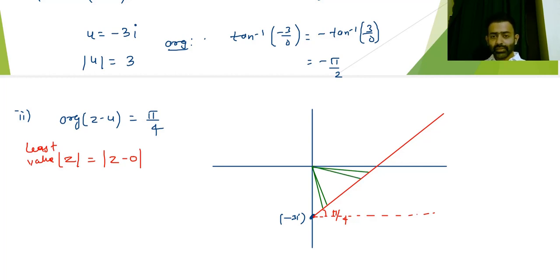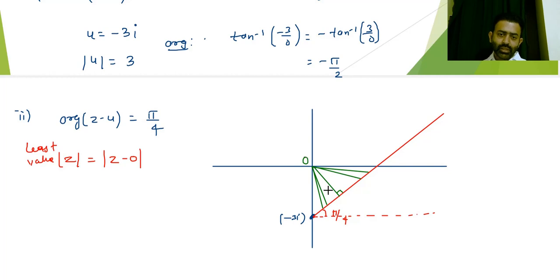Okay, so what I can say is that a moment will arrive when you will get a line which is perpendicular to the line which is following this path. Okay, so this is your perpendicular distance, and this will be the shortest distance of any complex number from the origin. Otherwise all these distances will not be the least distances. Okay, so basically we have to find out this distance.